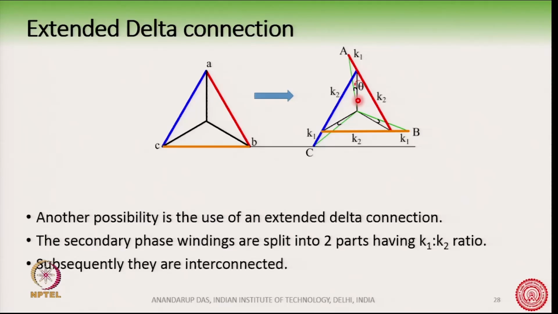Okay. And so, this theta angle can again be controlled by choosing values of K1 and K2 and changing the ratio. Okay. So, extended delta and zigzag are basically following the same principle, where we split the windings into two parts K1 and K2 and then reconnect.